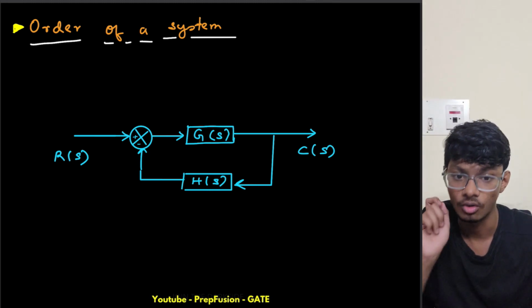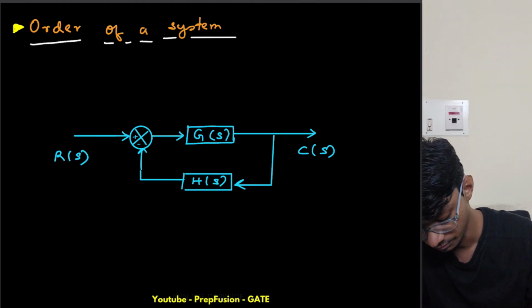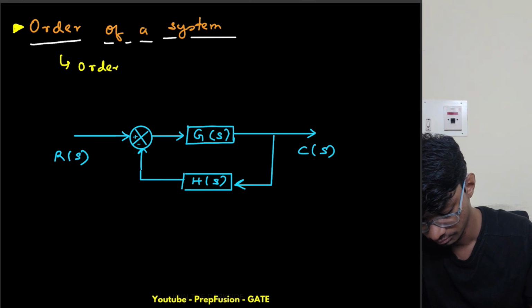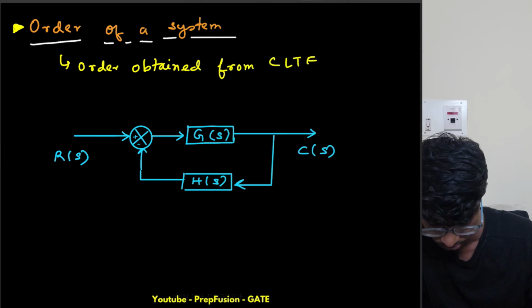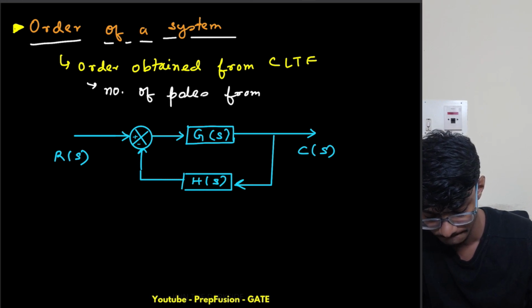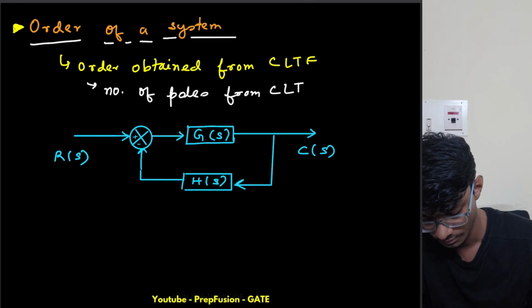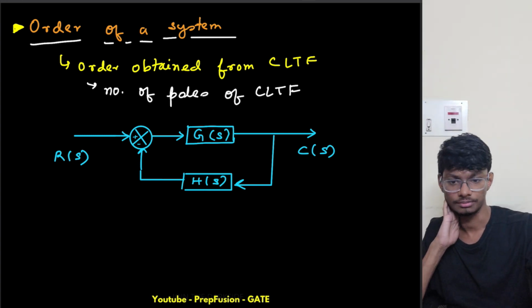Or you can say order is the number of poles of the CLTF, right? Okay, so this is basically the order of the system.